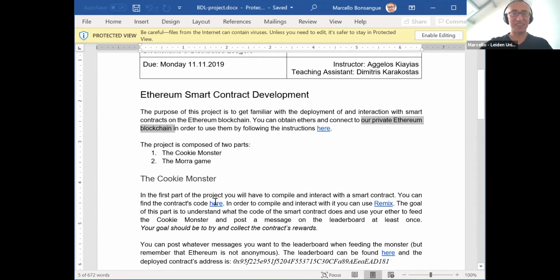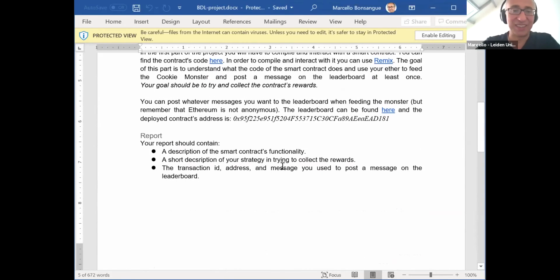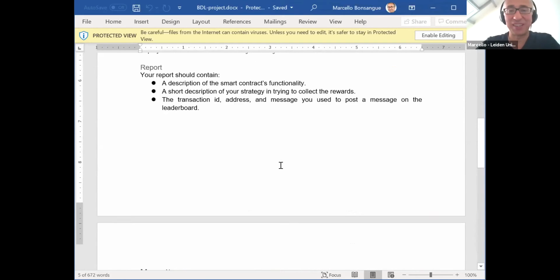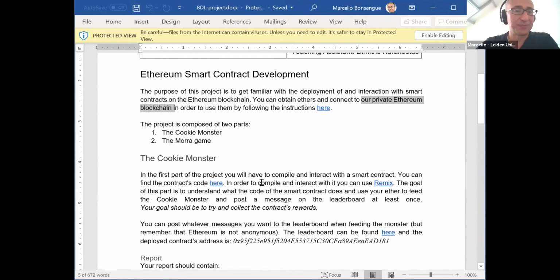So be careful that you don't just cut and paste the file and then have links which bring you somewhere else, which don't work. Okay, so that's basically what the students have to implement, these two parts.